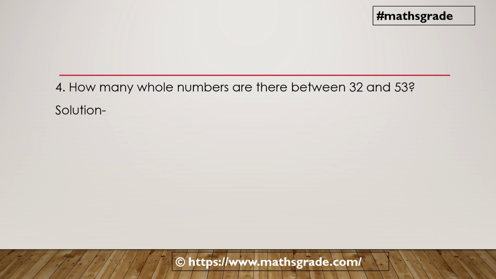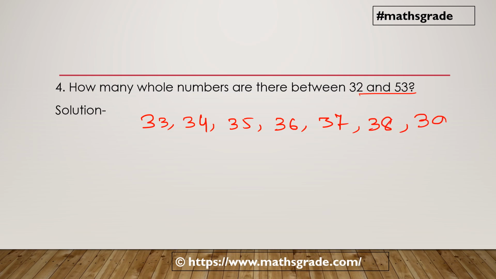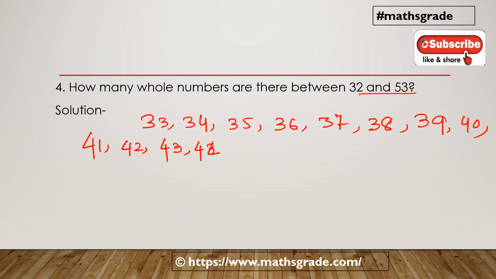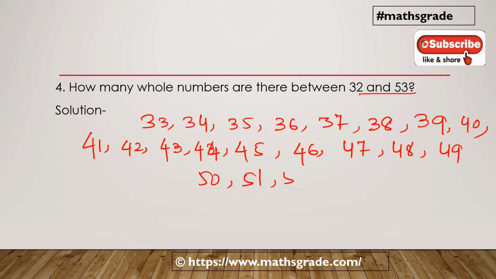Now question number 4. How many whole numbers are there in between 32 and 53? Between 32 and 53, the whole numbers are 33, 34, 35, 36, 37, 38, 39, 40, 41, 42, 43, 44, 45, 46, 47, 48, 49, 50, 51 and 52.